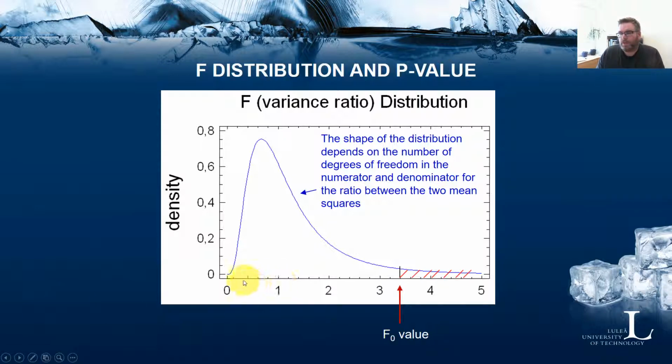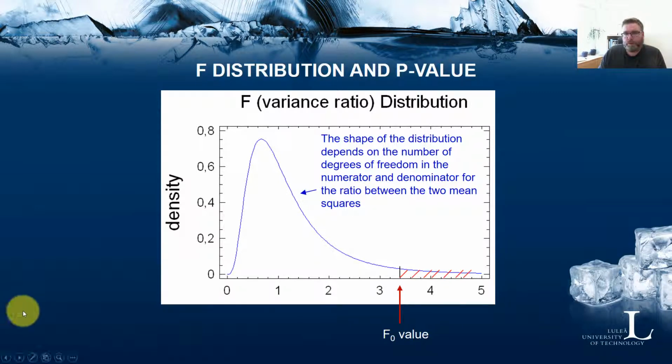So this is an example of an F distribution, and the shape of this distribution depends on the number of degrees of freedom you have in the numerator and denominator for the ratio that makes up the test, or basically the number of degrees of freedom for the mean square in the numerator and the number of degrees of freedom for the mean square in the denominator.